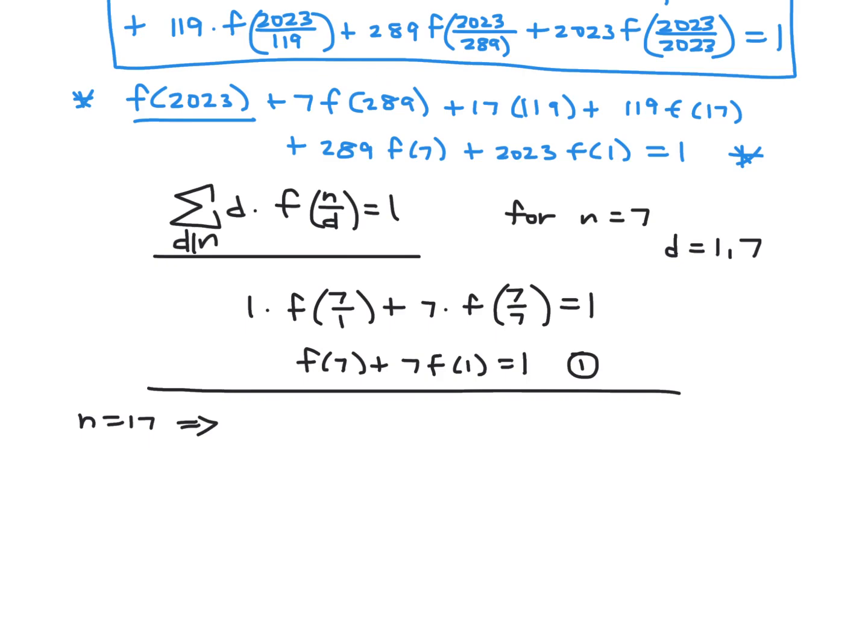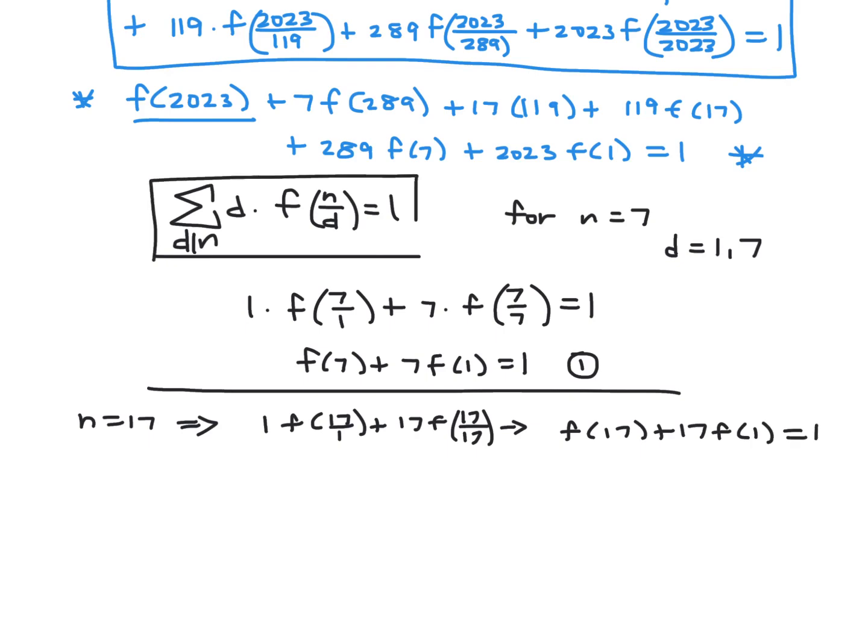It would basically be 1 times f at this times n is 17, so it'll be 17 over 1 plus 17 times f at 17 over 17. So cleaned up, that would be f at 17 plus 17 f at 1, and that of course equals 1 applied to that equation.